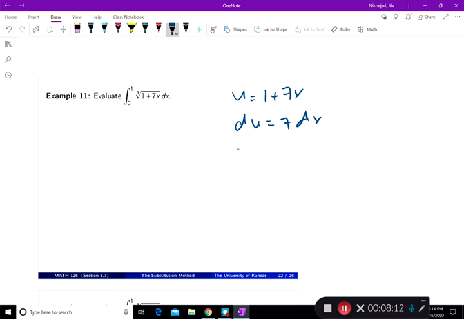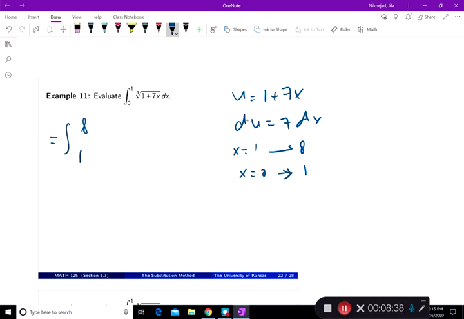Then for x equal to 1 and x equal to 0, plug back in. x equal to 1 gives me 7 plus 1, 8. x equal to 0 gives me u equal to 7 times 0, which is 0, plus 1, and 1. So the integral becomes 1 to 8.